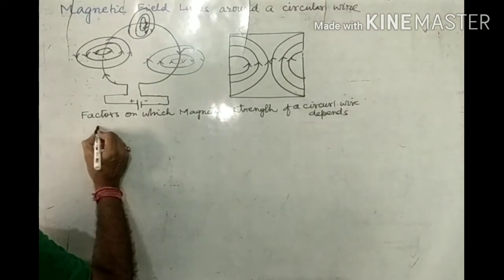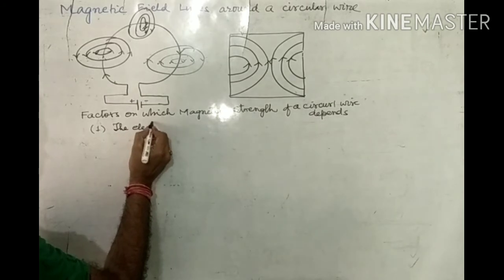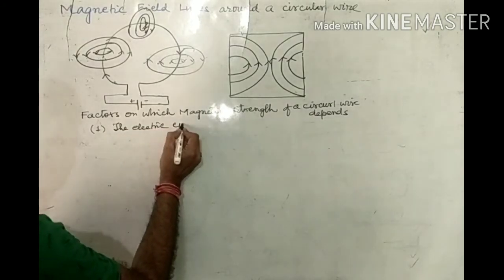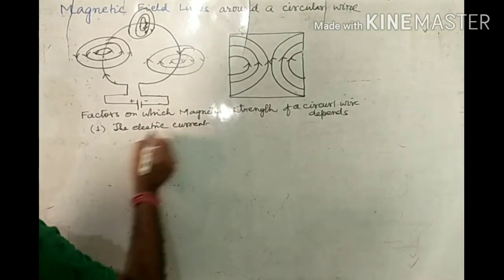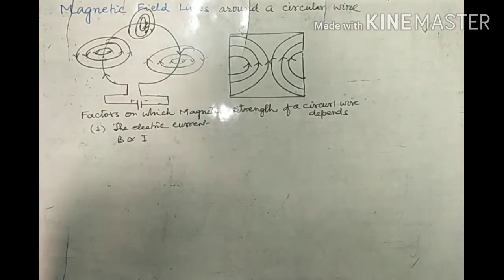The first factor, as usual, is the electric current. The magnetic strength is directly proportional to the electric current flowing through the wire, as in the previous case of a straight conductor.